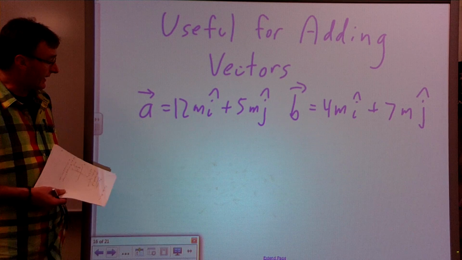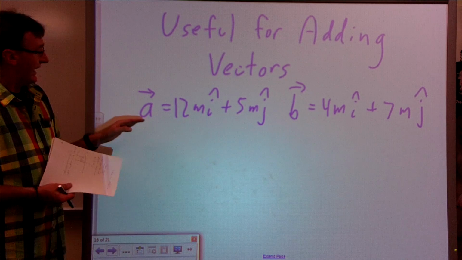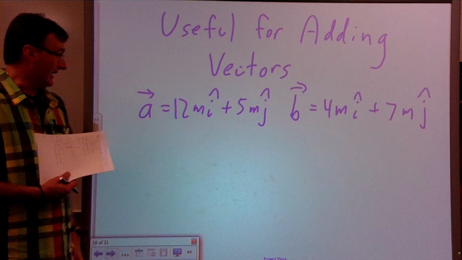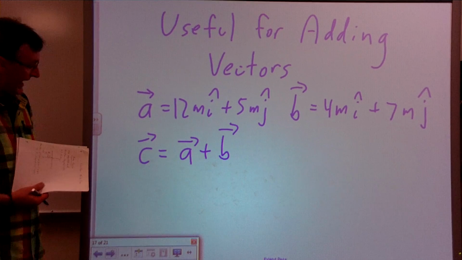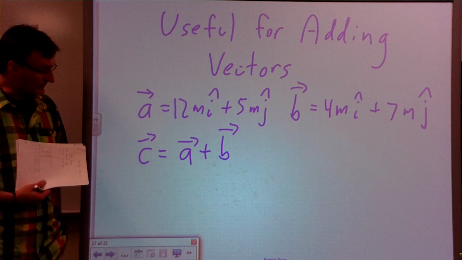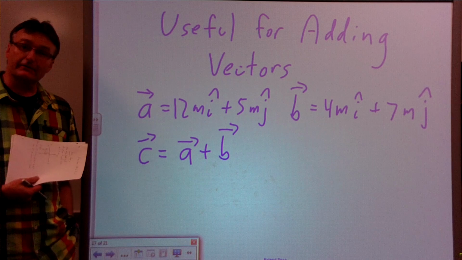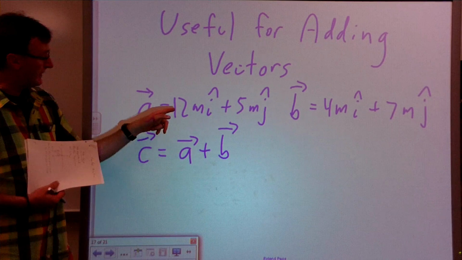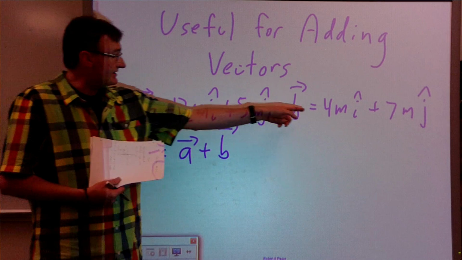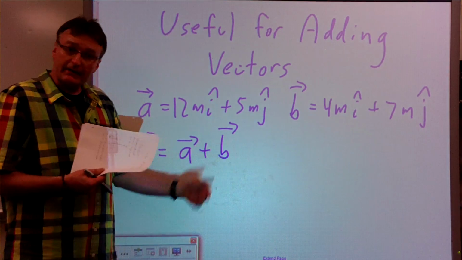Let's say we have displacement vector A and displacement vector B, and both of these are now in rectangular form. Let's say we wanted to add the two vectors together. Vector C is vector A plus vector B. All we have to do is add the x components together and add the y components together, and then you're done.